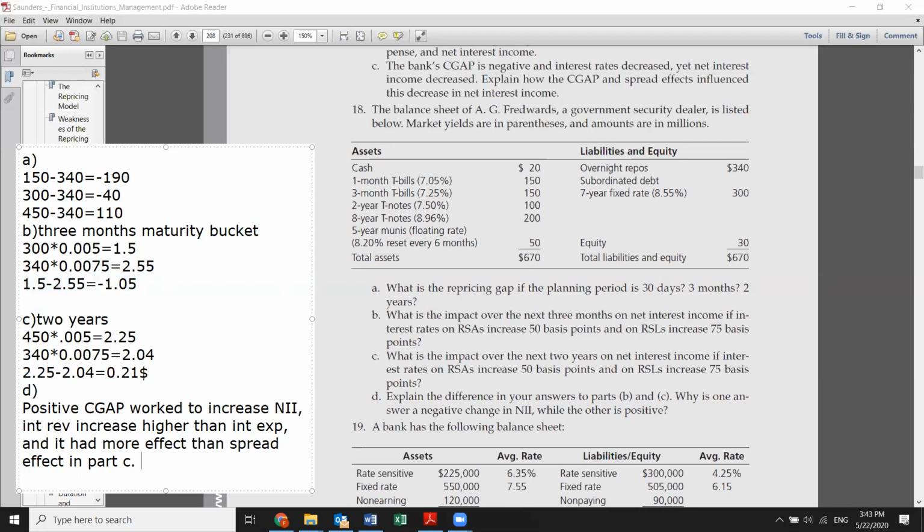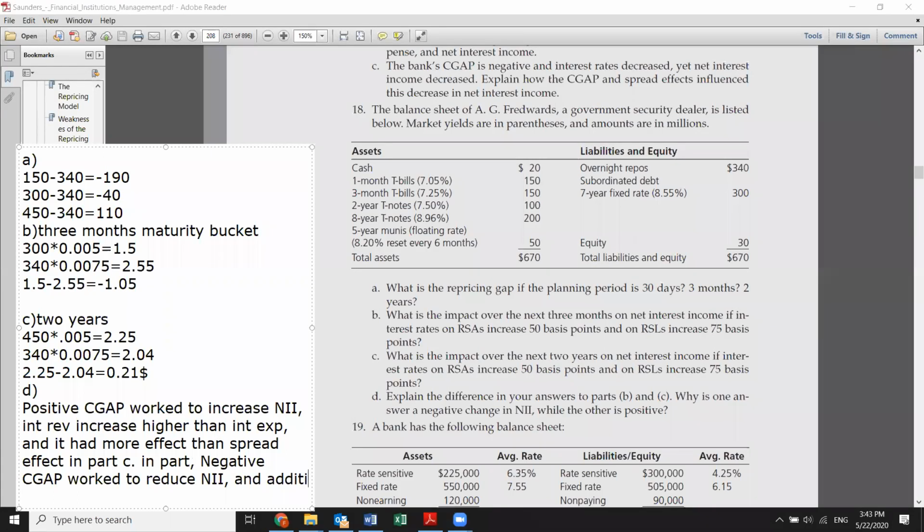So in part B, negative cumulative gap worked to reduce net interest income, and additionally the spread effect pushed more.